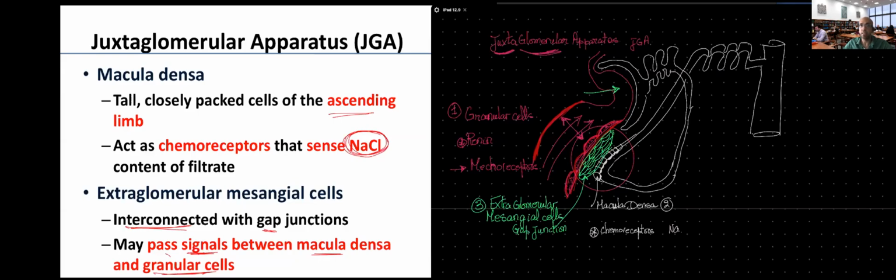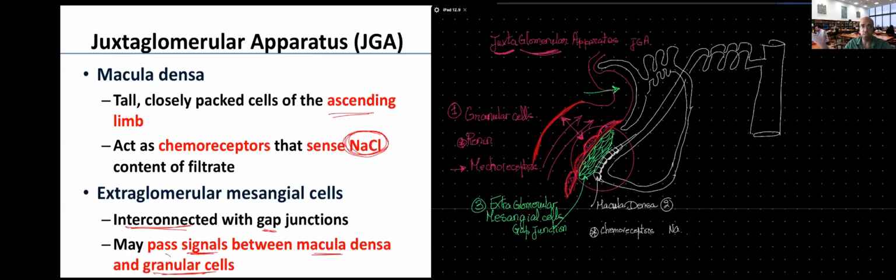And again, we've got three different types of cells that will form the juxtaglomerular apparatus, and those are my granular cells, my macula densa, and my extraglomerular mesangial cells. Those are the three types of cells that will build up the juxtaglomerular apparatus.